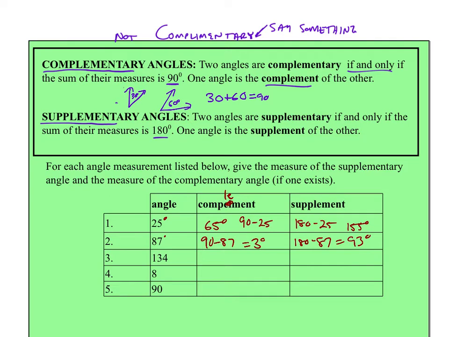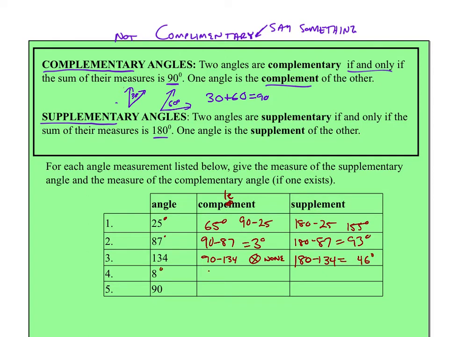So for 134, you can't take 90 minus 134. That doesn't work, so there's none. There's no complement there. But I can take 180 minus 134, and that's fine. That'll just be 46 degrees.